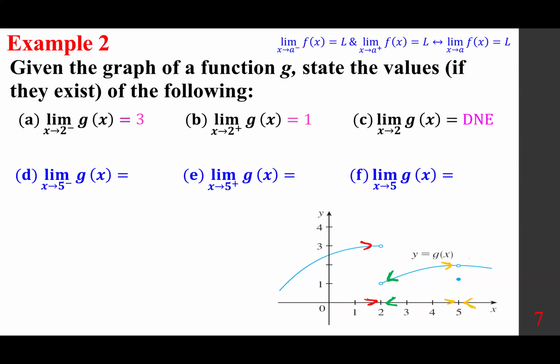From the right, we move this way. And in both cases, we are moving towards this point, this hole. We never get there. We get very close to this y coordinate 2 from the left and from the right. And therefore, the limit of g of x as x approaches 5 does exist, and it's equal to 2.